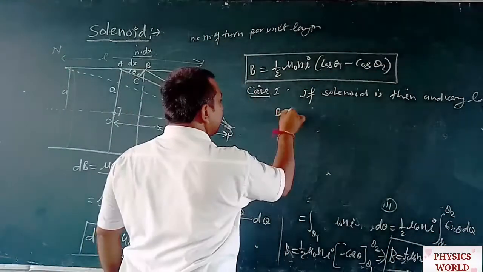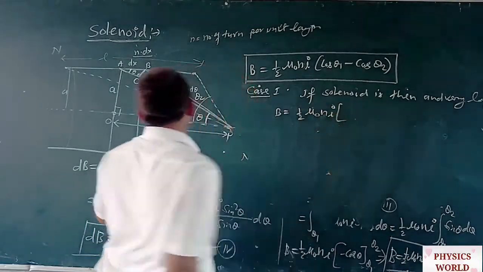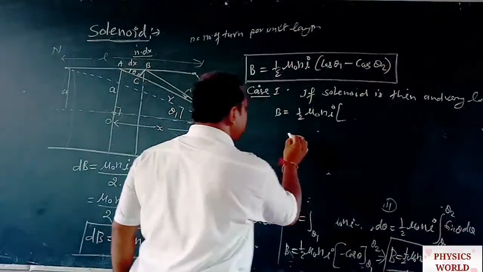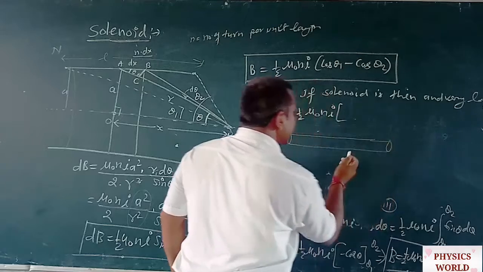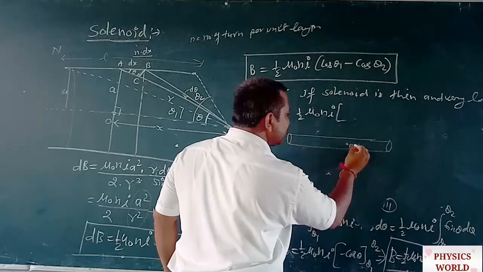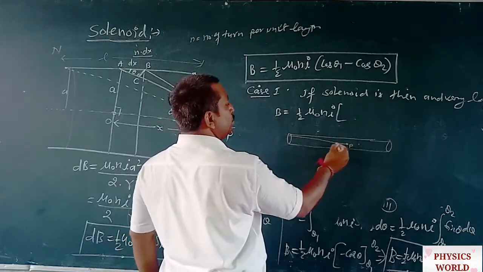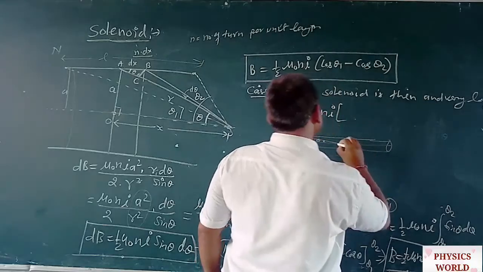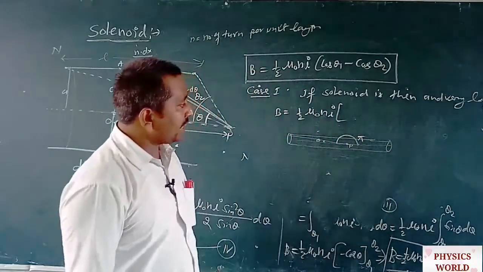So this can be calculated as 1 by 2 mu 0 ni, and what will be the value if we assume the solenoid as very thin and very large. So if we pick a point P inside the solenoid, then the line to the first turn makes an angle with the axis of nearly 0 degree, and the other makes an angle of pi, that is 180 degree, with the axis.